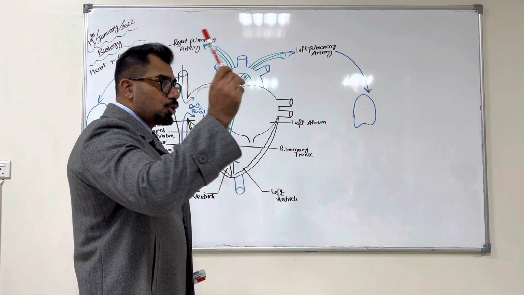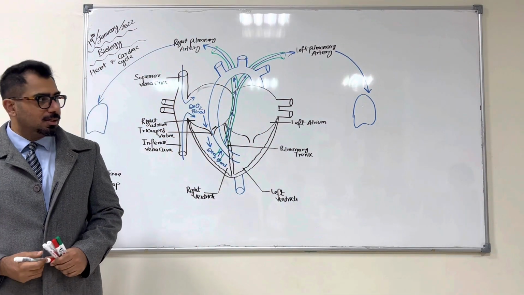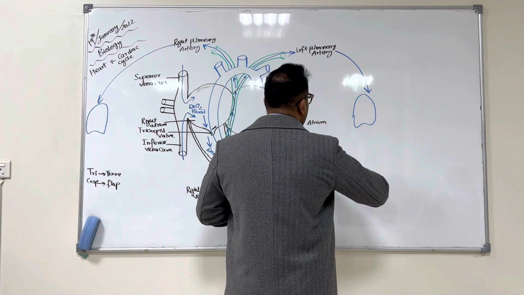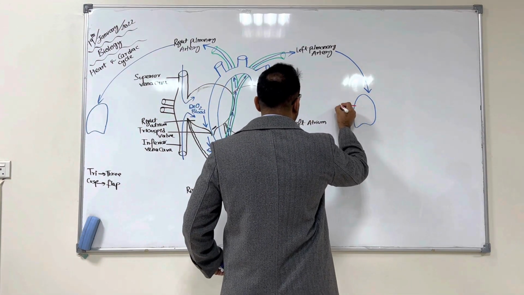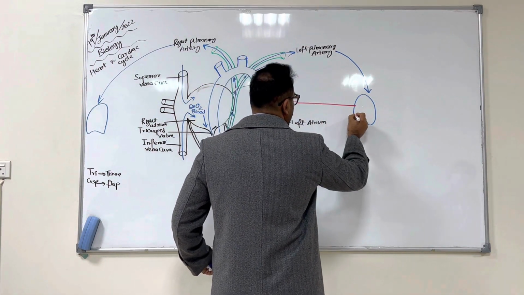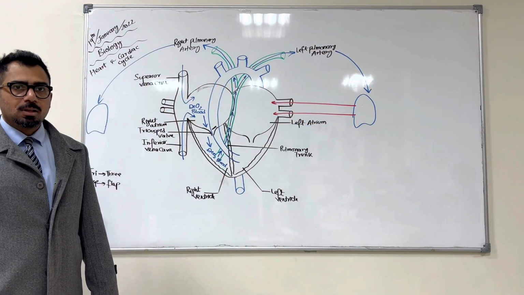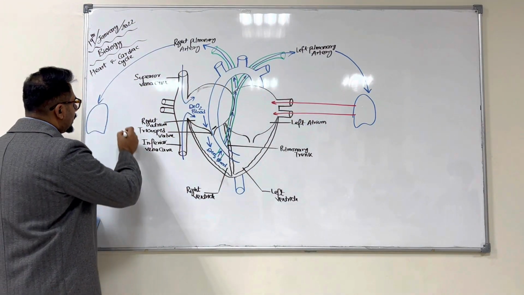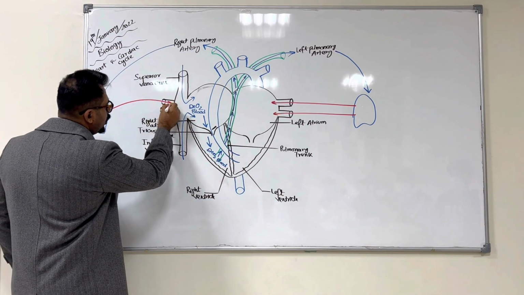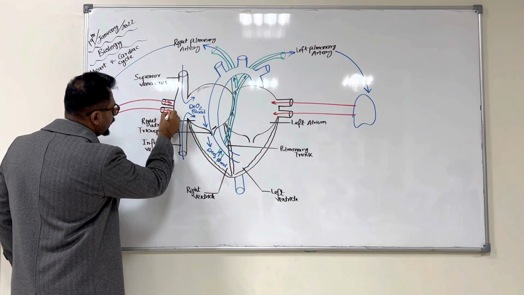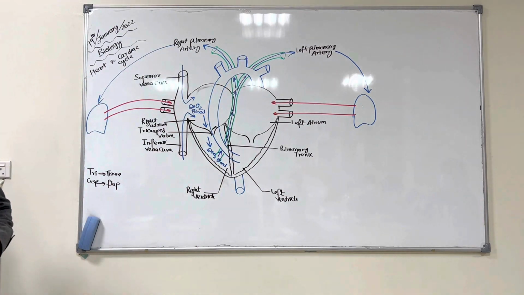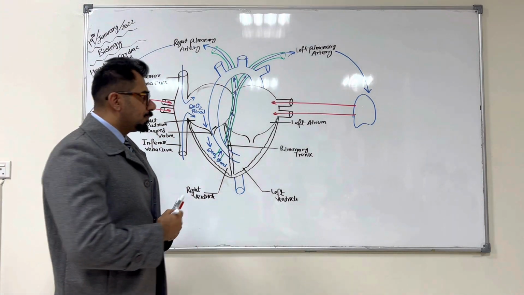Then, boys, I'm going to show with the red color now the oxygenated blood. The oxygenated blood will go from the lungs into the left atrium. Now, look here. I told you that I will tell you about these 2 blood vessels which I drew over here. Right? Now, these are 4 blood vessels.